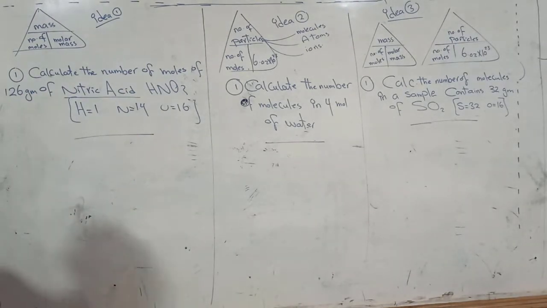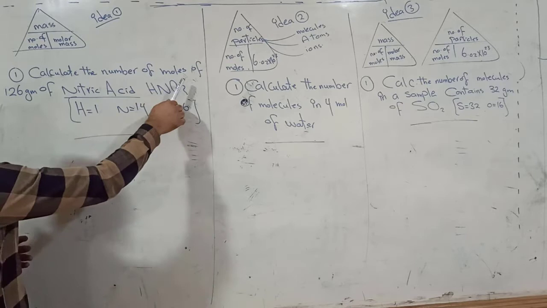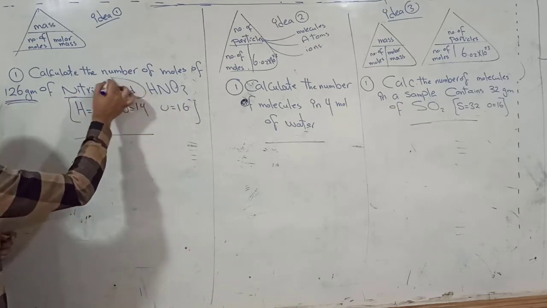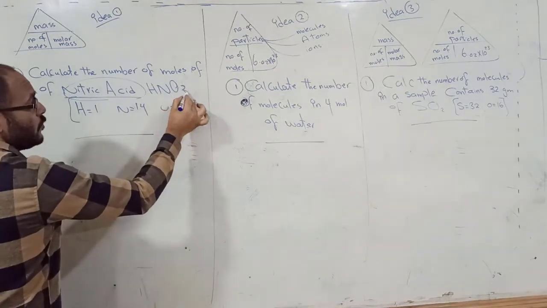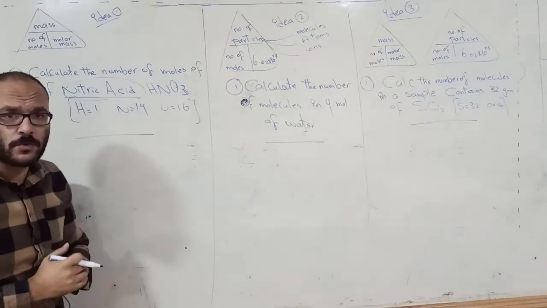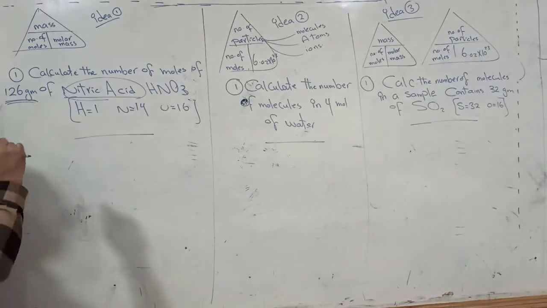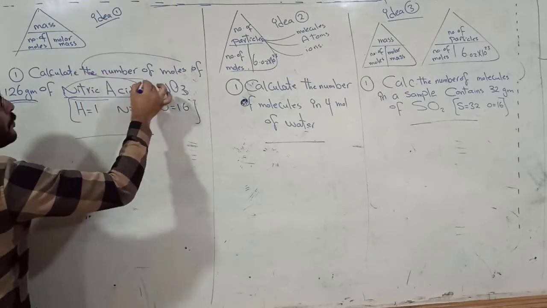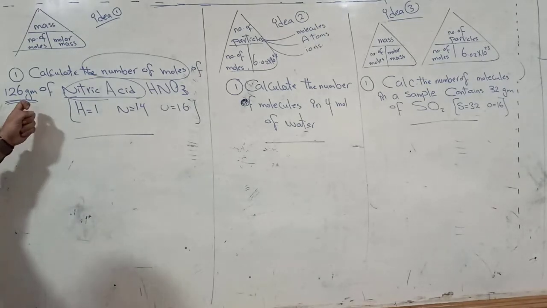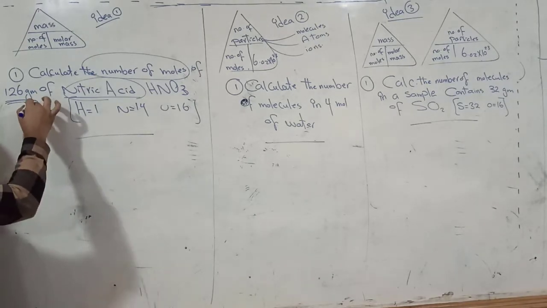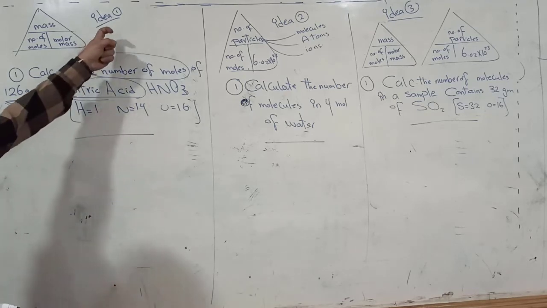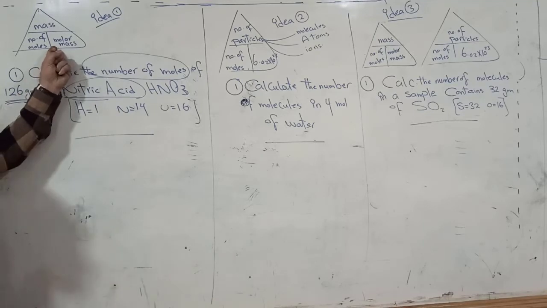Problem number 1 says, calculate the number of moles of 126 gram of nitric acid, HNO3, if you know H equals 1, N equals 14, O equals 16. He wanted the number of moles, and he gave you 126 gram. This is the given mass. Idea number 1 depends on this triangle.